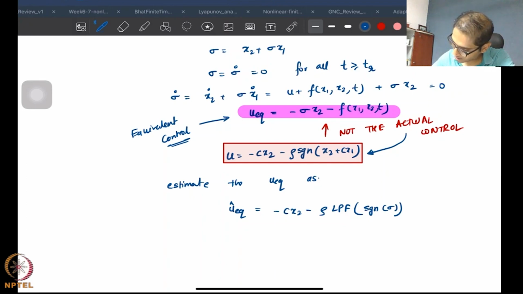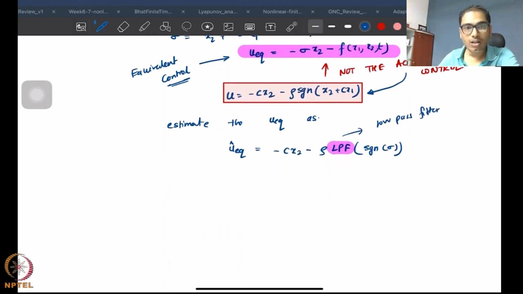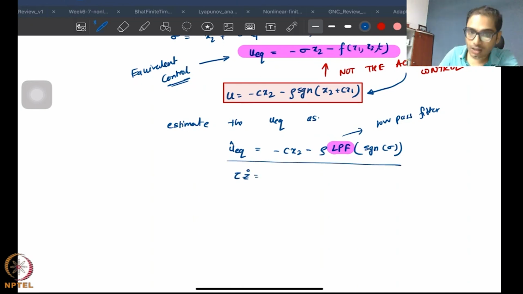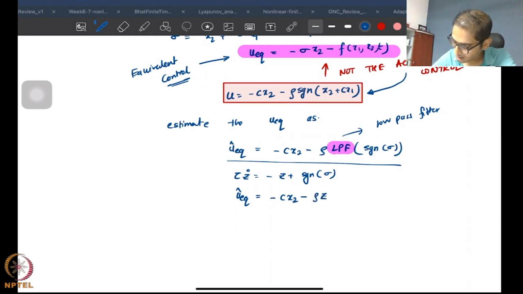Typically, how would one implement such a filter? It would be something like introducing a state, tau z dot equals minus z plus signum of sigma, and your equivalent control is simply minus C x2 minus rho times this new variable z.